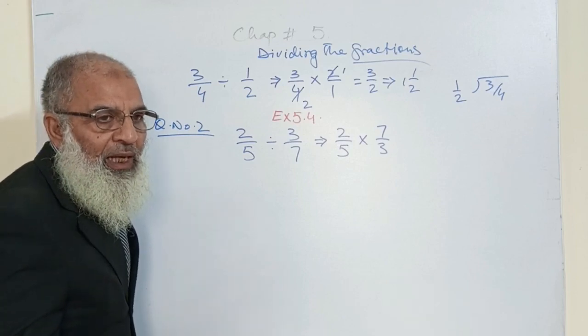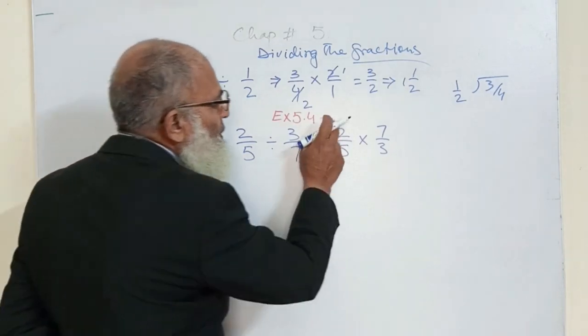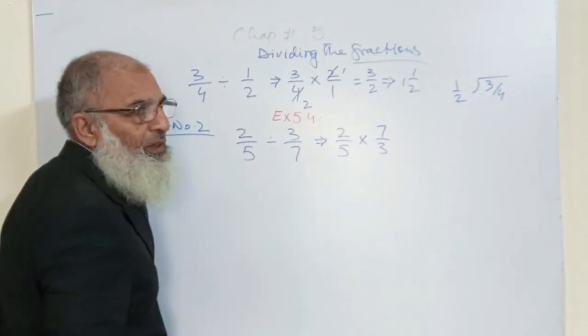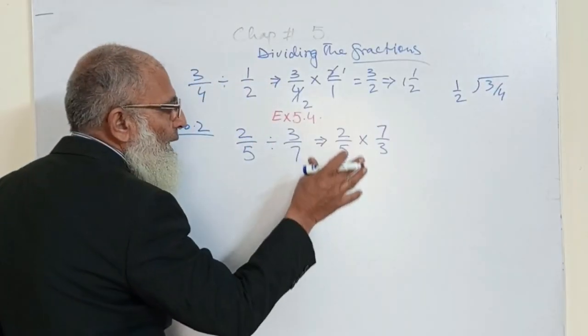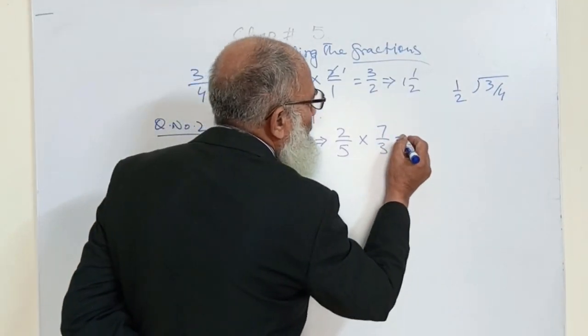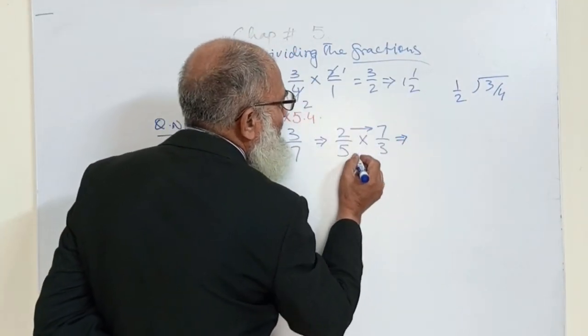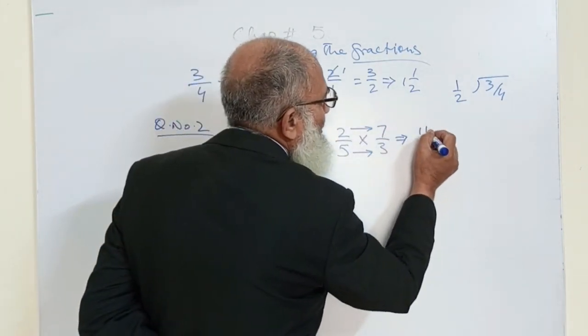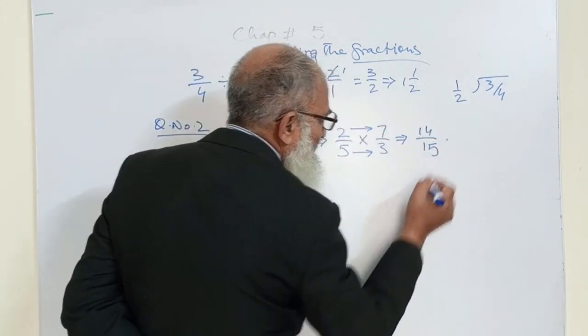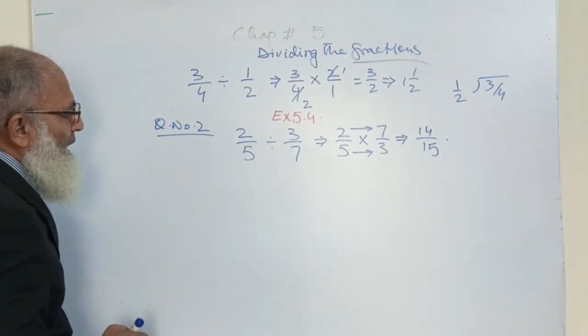Prime numbers are not divided by anyone. 2 is a prime number, 3 is a prime number, 5 is a prime number, 7 is a prime number. So you just straight multiply them. 14 upon 15 will be the answer.